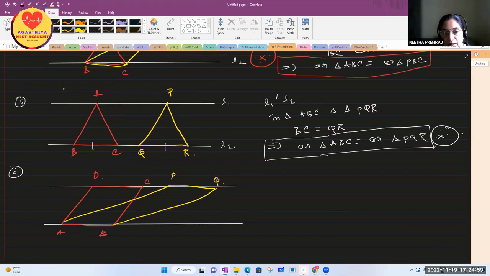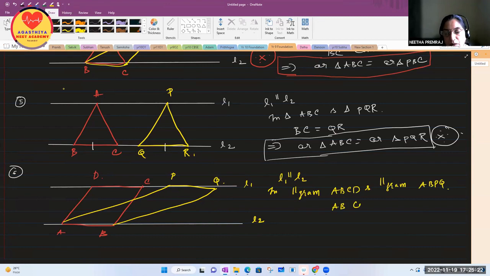Now if we see this, line 1 is parallel to line 2. And if you see parallelogram ABCD and parallelogram ABPQ, AB is common, isn't it? Both are having AB common.